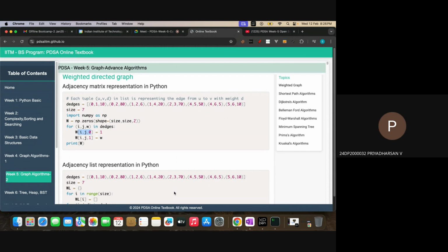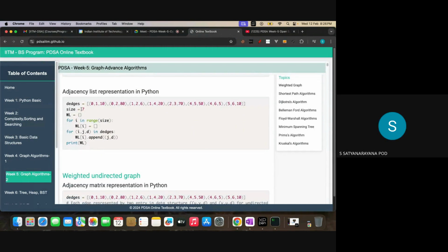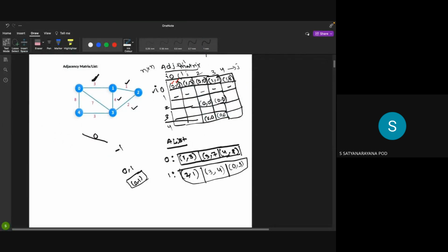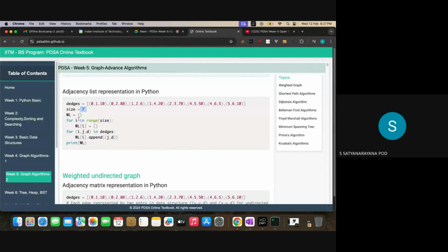So now the adjacency list, it is somewhat optimized. The same edges they are taking, 7 vertices are there. Edges are these, vertices are 7. I said it's a dictionary. Please look at here. Dictionary means a key associated with a list. See, look at here.